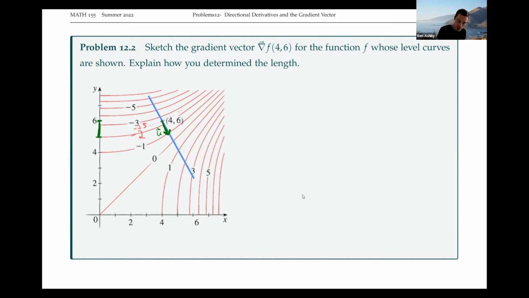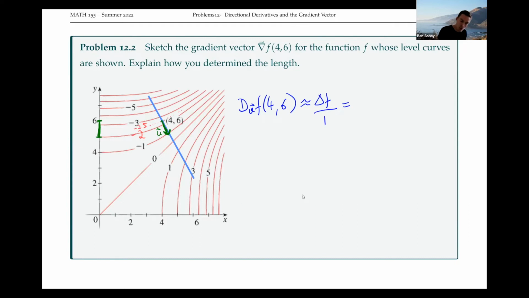And we can say that our directional derivative in the direction of u for our function at (4, 6) is just going to be approximately equal to the change in our function, so delta f, divided by the length of our unit vector u, which in this case is just 1.